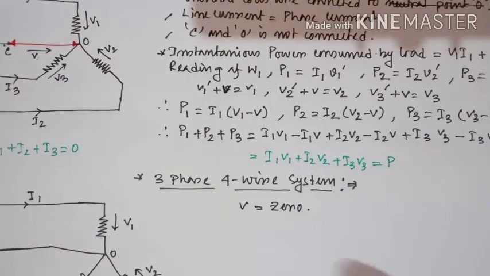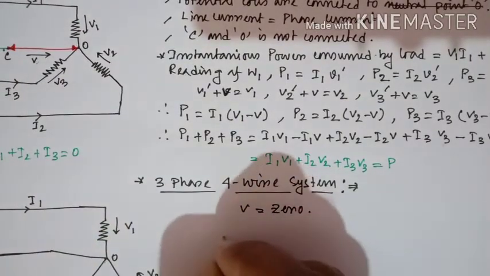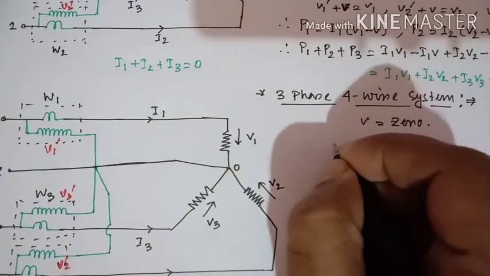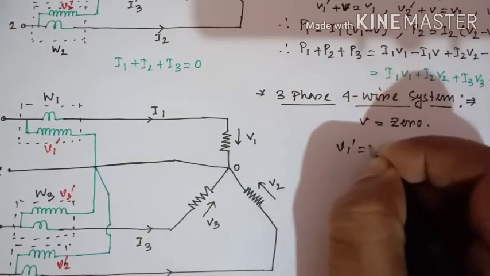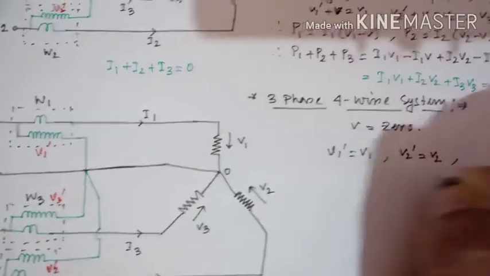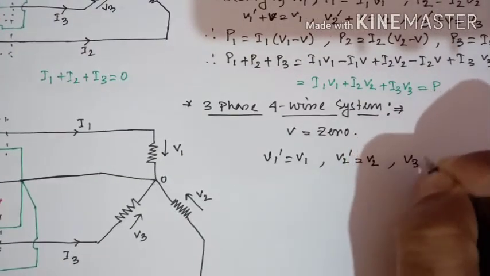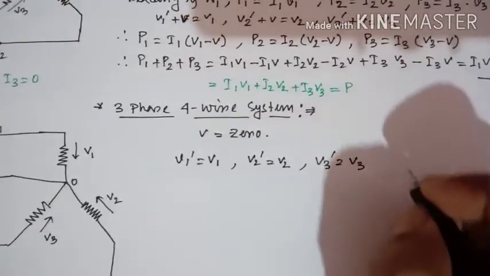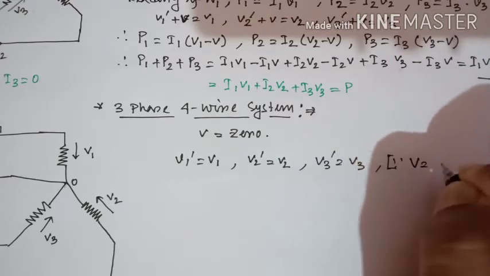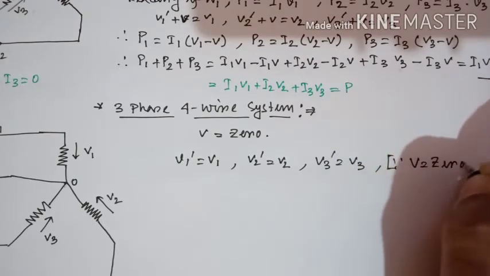So from this diagram we can write that V1 prime is equal to V1, V2 prime is equal to V2 and V3 prime is equal to V3, as V is equal to 0.